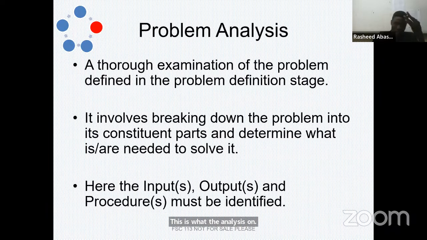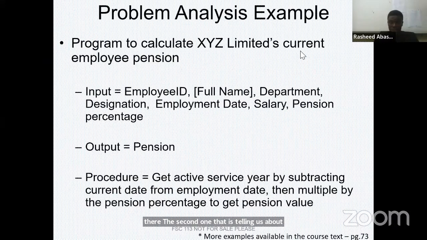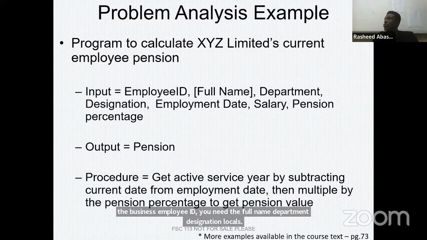So you can see another example. The example we gave there, the second one, about employee pension. You can see the inputs: you need the person's employee ID, the full name, department, designation. Of course, at least your program should have an input, and there should be an output because you are solving a problem.